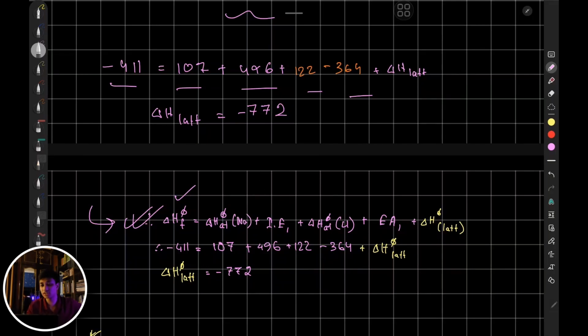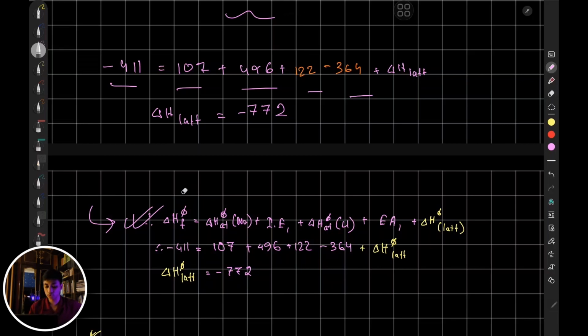You don't need to mention the atom for ionization because only the metal is going to be ionized. And then you have again the atomization, mention which atom, so chlorine. And for electron affinity, you don't need to mention which one because there's only going to be one anion. And then del H lat, and it's applicable for the entire compound, so you don't need to mention anything else.